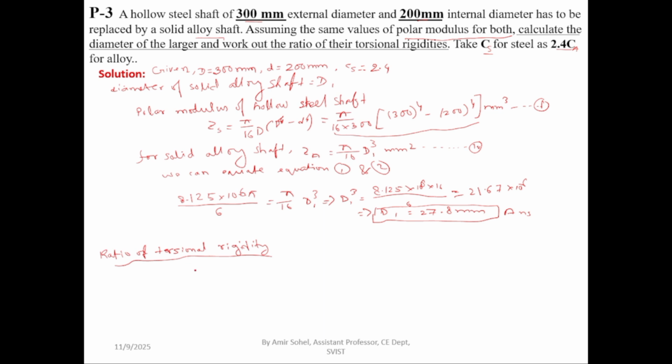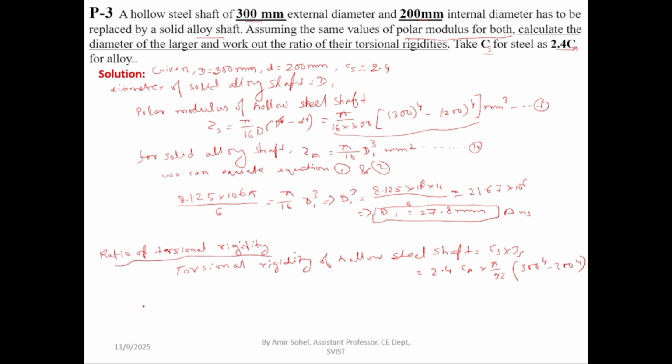So we know the torsional rigidity of the hollow circular steel shaft is Cs into Js, which will give us 2.4 Ca into pi by 32 into 300 to the power 4 minus 200 to the power 4, right?